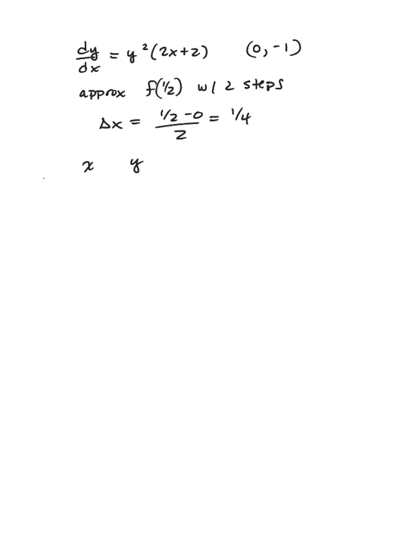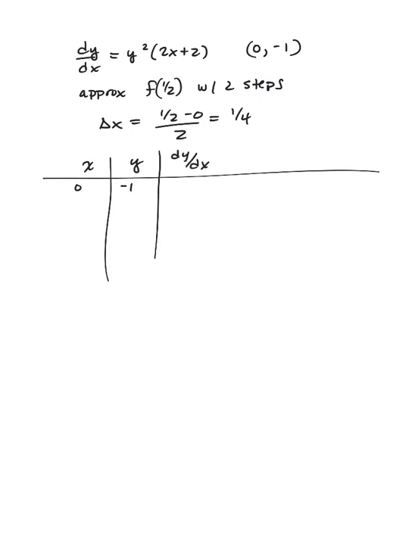So I have x, y. So I start with (0, -1), right? Then dy/dx here is going to be y squared times 2 times x plus 2.